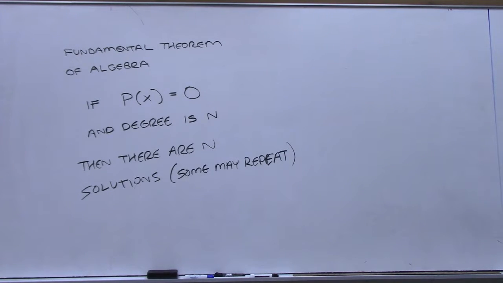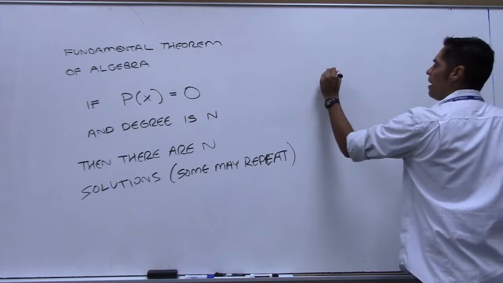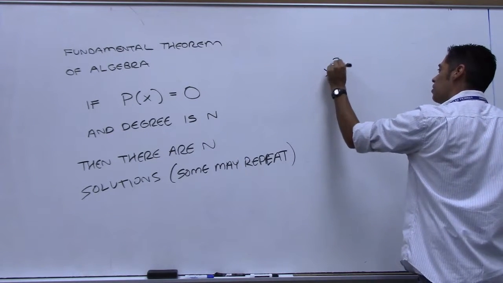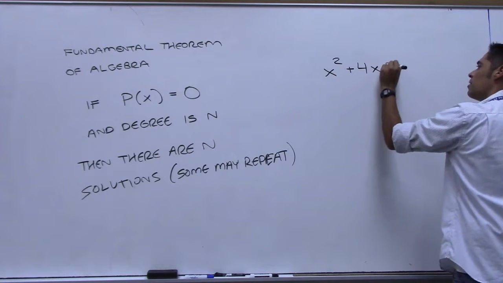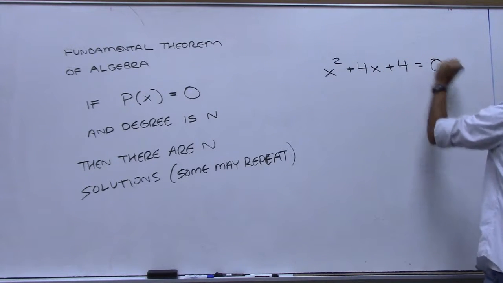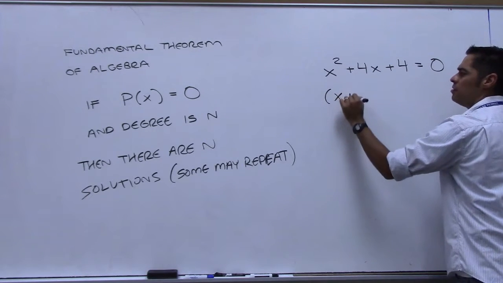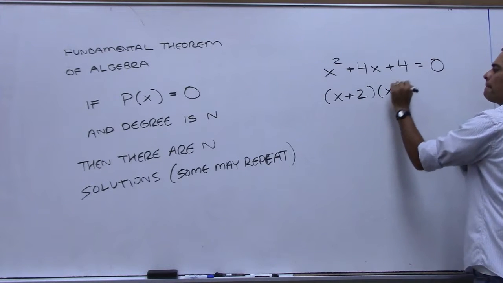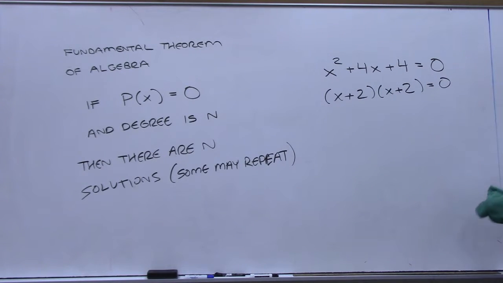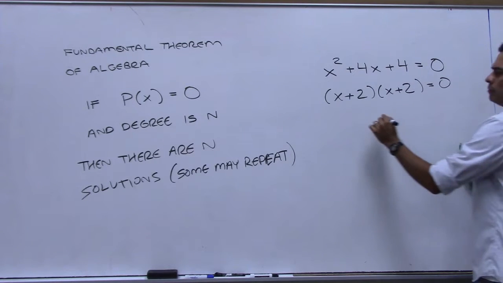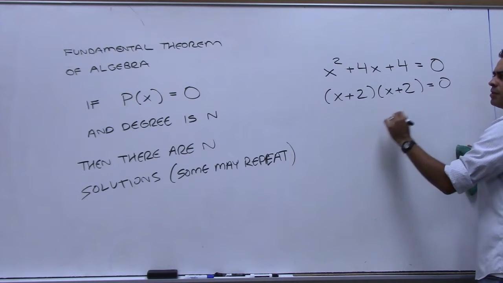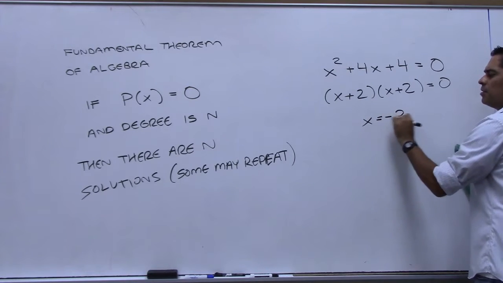If we had something like x squared plus 4x plus 4 equals 0, couldn't we factor this to be x plus 2 times x plus 2? Yes? And what would our solution be? They're both pluses, so x would be negative 2.